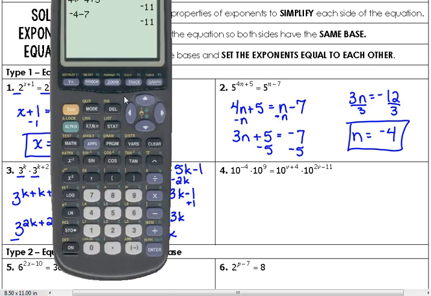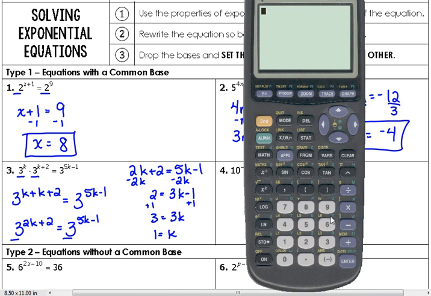Again, it's an equation. No reason not to check that. So 3 to the first times 3 to the parentheses, 1 plus 2. And 3 to the parentheses, 5 times 1 minus 5. Not minus 5, minus 1. Okay, both sides give us 81.